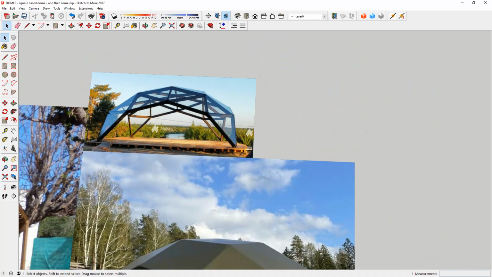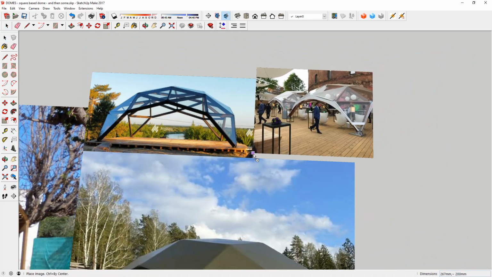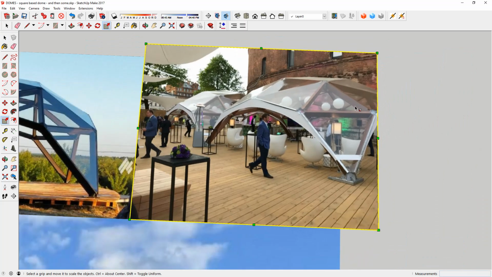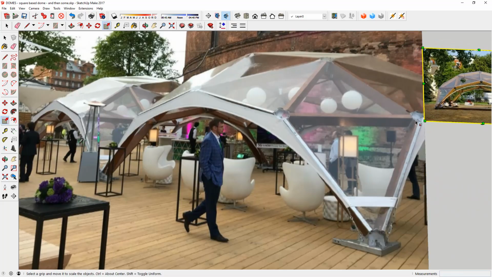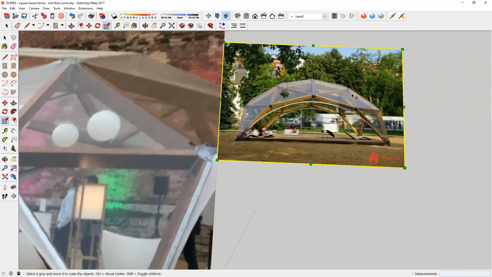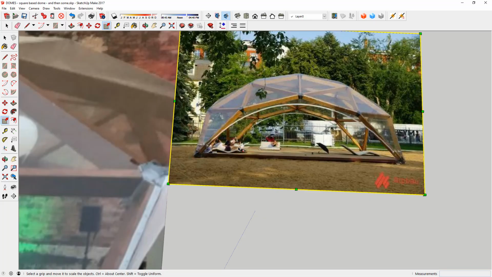Now I'm just banging off a few things too. This is another example. You can see the hubs there, and it's bolted through into the legs. Very nice it is, I've got to say. This one is quite a good sized dome, as you can witness by the people underneath it.